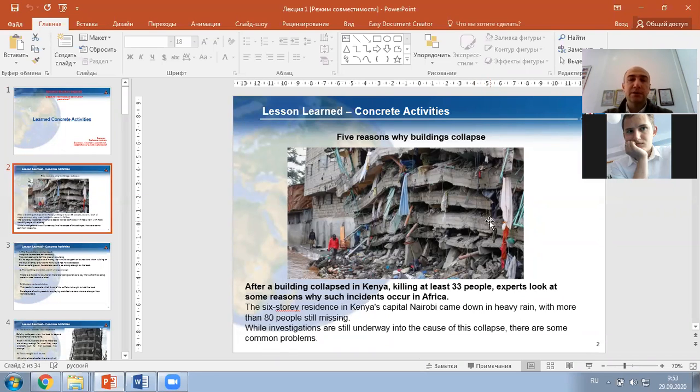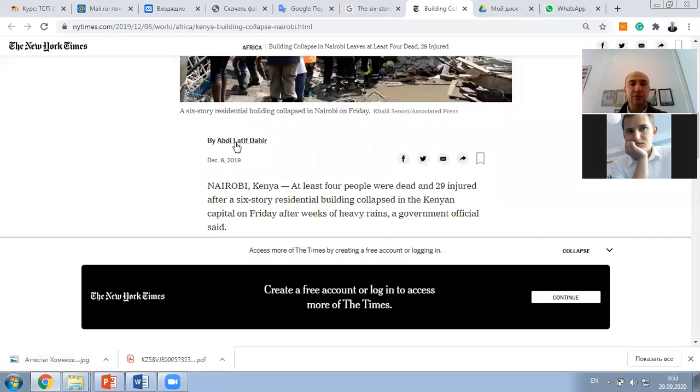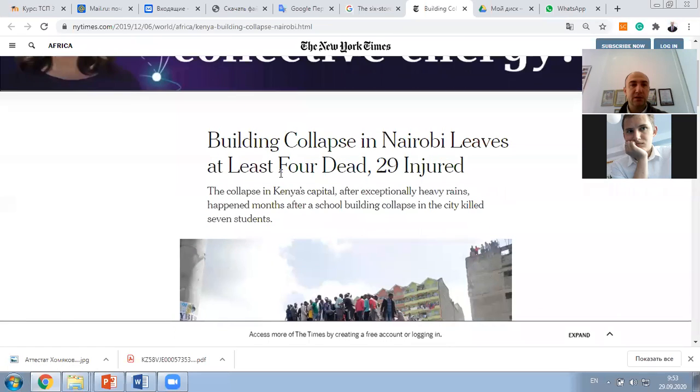And I want to start from this slide to show you the building which collapsed on the African continent, in Kenya. So this picture and the information were taken from nighttimes.com.